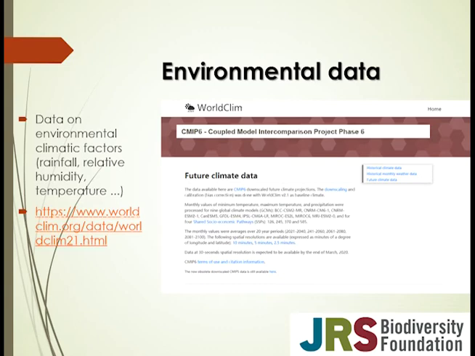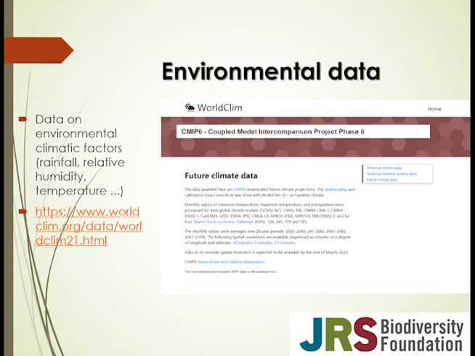They are also available at different resolutions: 2.5 minutes, 5 minutes, 10 minutes. The resolution of 30 seconds is not yet available on the site, although they say that it should be released by March 2020. Anyway, I don't find it on the sheet.